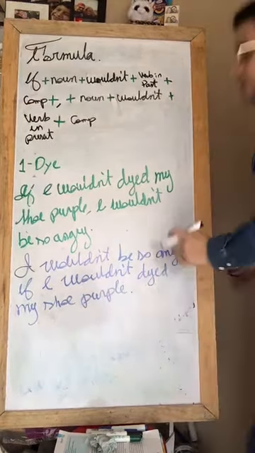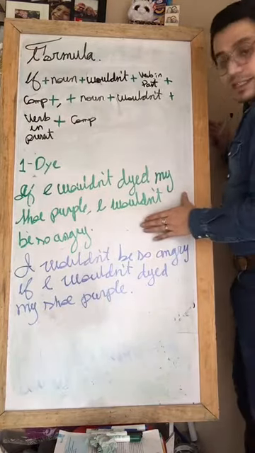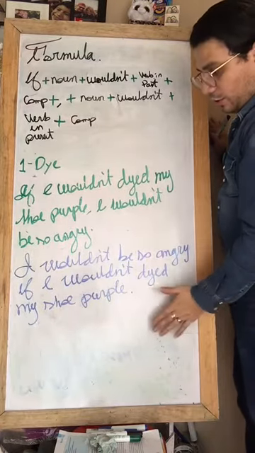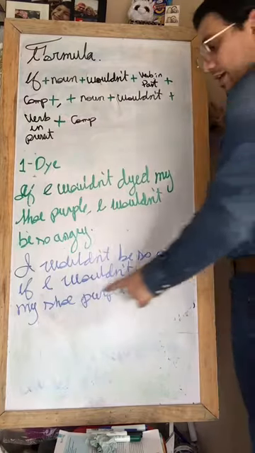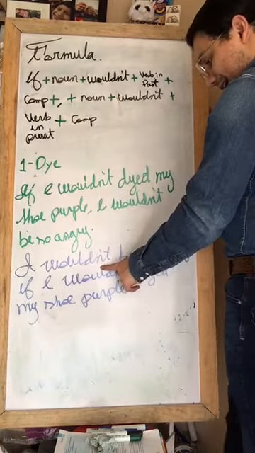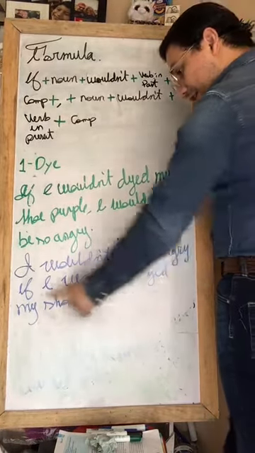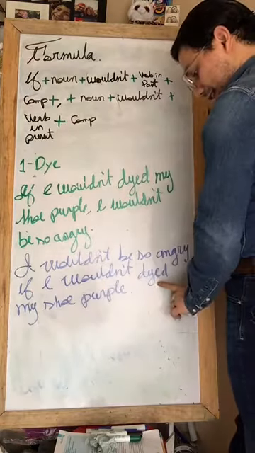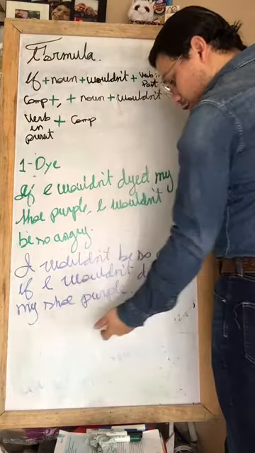So as you can see, you're just making the same sentence but in a different order and you're saying the same. Yo no estaría tan enojado si yo no hubiera tenido mi zapato púrpura.